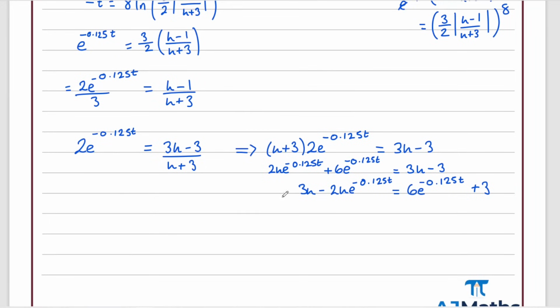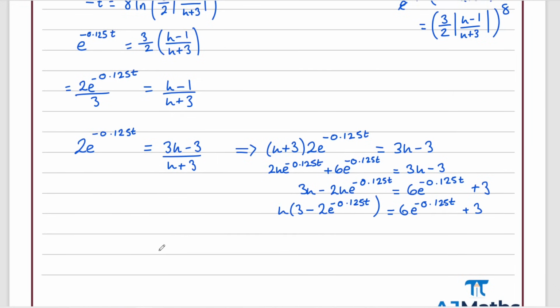Now we can factor out the h here. We get h lots of 3 minus 2e to the power of minus 0.125t. That is equal to 6e to the power of minus 0.125t plus 3. There we go, we're pretty much there now. And then finally, divide through here by this factor.